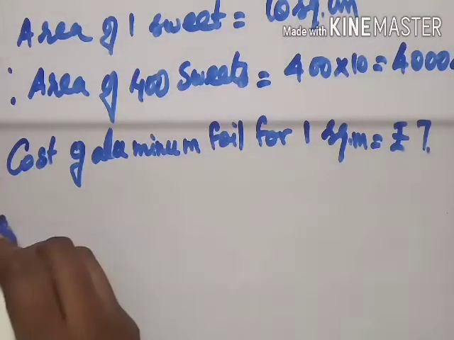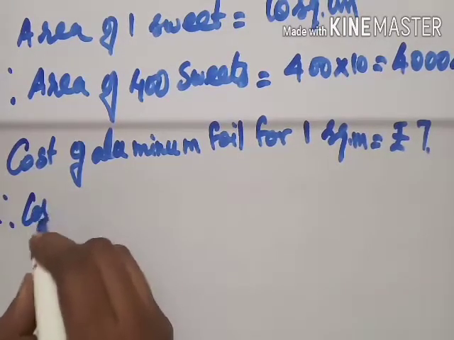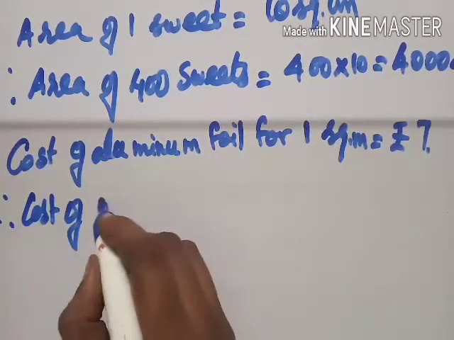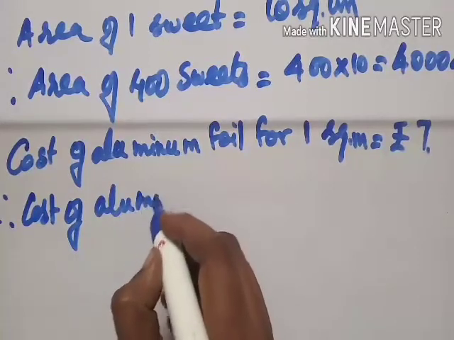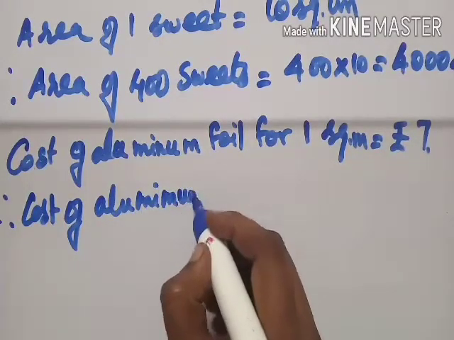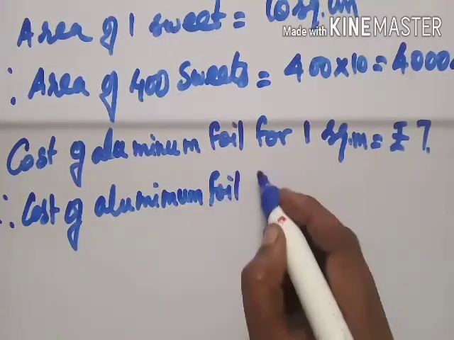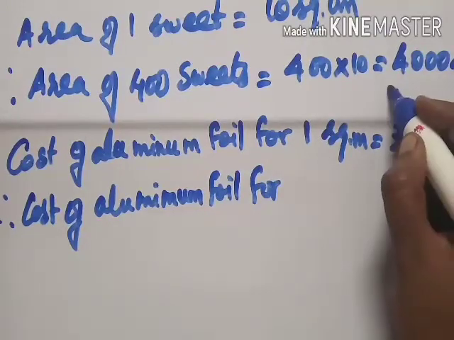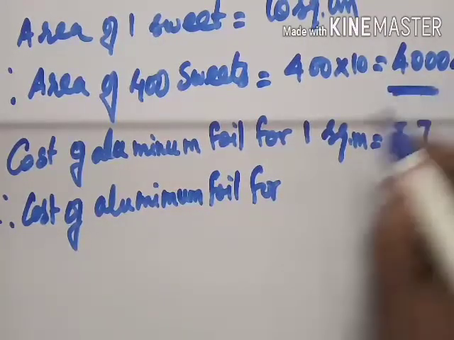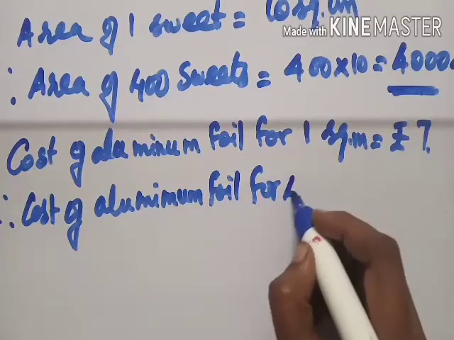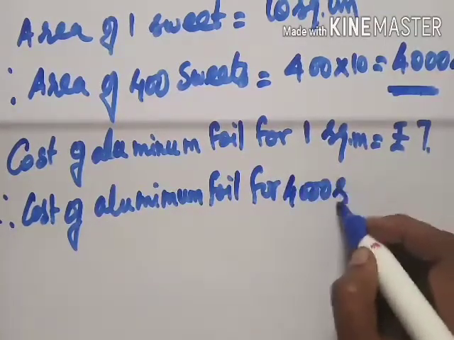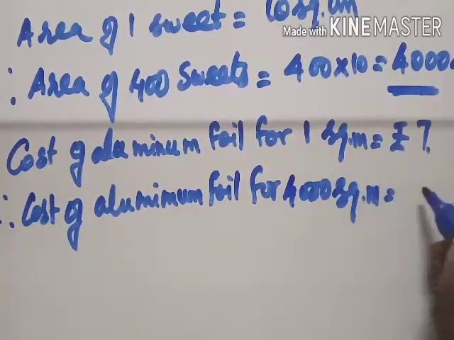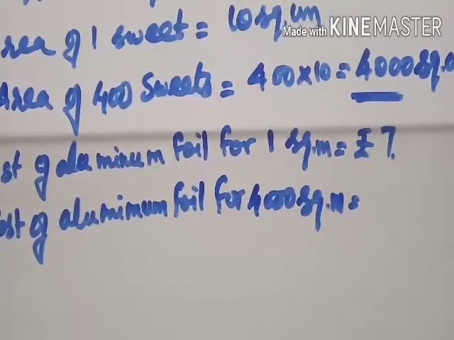Therefore, cost of aluminium foil for how many square meters? Total area of sweets 4000. Here just listen, that is given in the question.